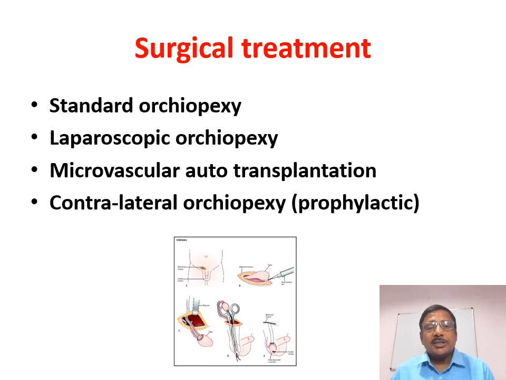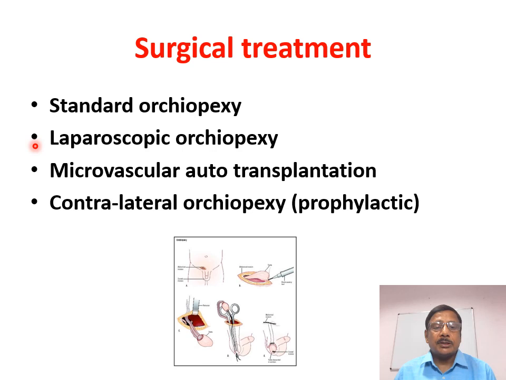Now what are the surgical treatments? One is standard orchiopexy. The other is laparoscopic orchiopexy. The laparoscopic orchiopexy is done in cases where the testis is intra-abdominal. And through investigations you came to know it is intra-abdominal, or through laparoscopy you found out that the testis is lying proximal to the deep ring.